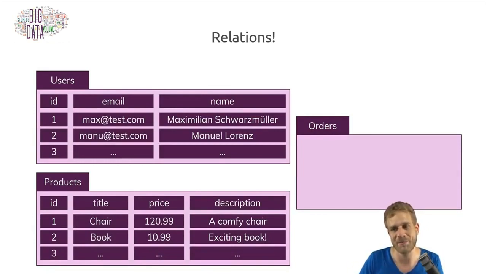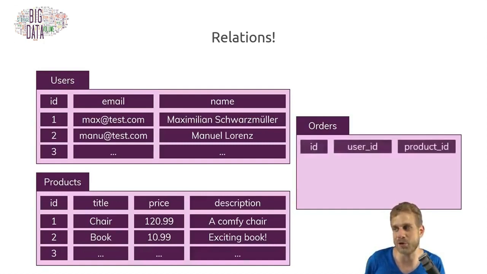For example, a product could be created by a user, or in this example here, we could have orders. An order simply is a combination of a product and a user, because one user might have many orders, and one product might also be part of different orders of different users. So the orders table would be our connection here. It would be setting up the relations.